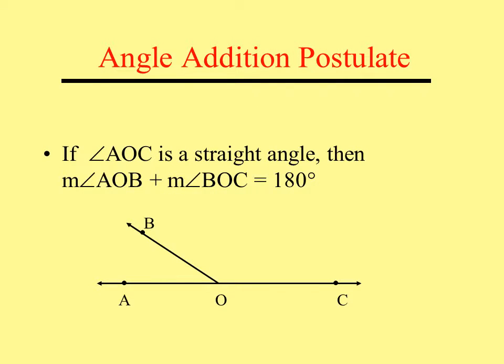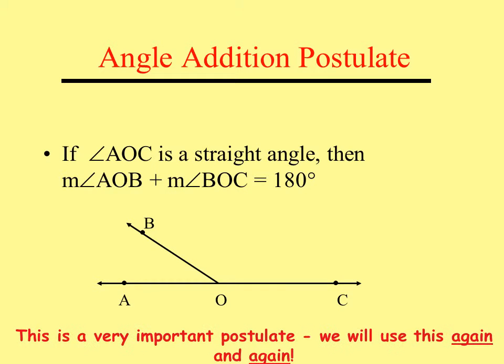If AOC is a straight angle, so here you see AOC looks like it forms a straight line, so it's a straight angle, then the measurement of AOB plus BOC has to equal 180 degrees. This is a very important postulate. We will use it again and again as we go throughout geometry.